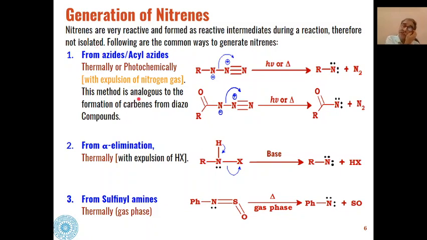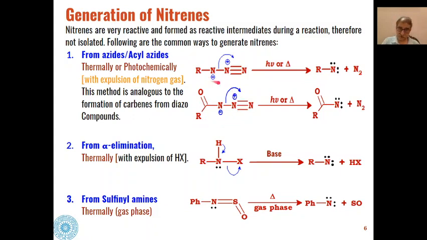The most common method for the generation of nitrenes is from azides or acyl azides. So when azides or acyl azides are heated or irradiated with UV light, so either thermally or photochemically, they are converted into nitrenes with the elimination of one molecule of nitrogen gas.